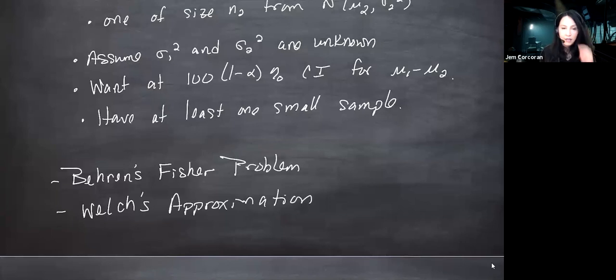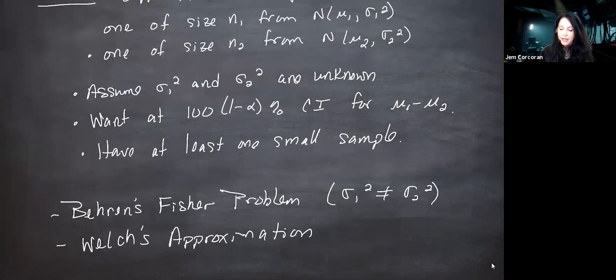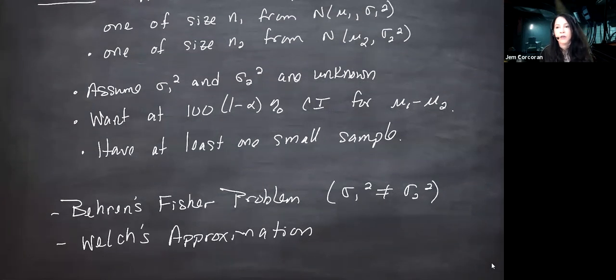But some guy named Welch figured out an approximate t distribution in the case when sigma 1 squared is not equal to sigma 2 squared. So in the case that they are assumed to be equal, that is homework problem number 3. It is a walkthrough, and it is devising a t pivotal quantity.